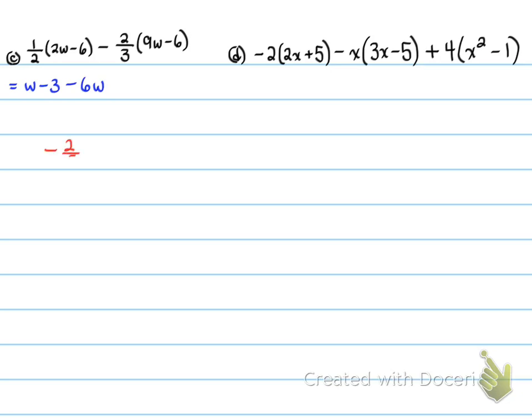Minus 2/3 times 9w. Remember that we put the 9w over 1, and we get negative 18w for the numerator, and the denominator is 3. Negative 18w over 3 is negative 6w. So that is how we got negative 6w for this question.